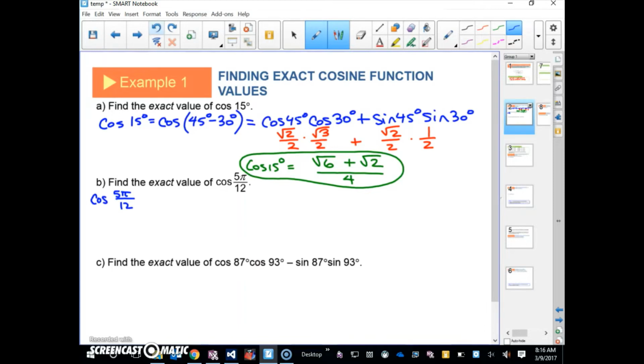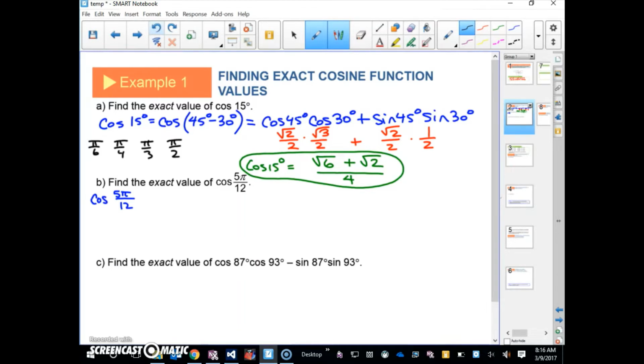You look at your angles in the chart: pi over 6, pi over 4, pi over 3, and pi over 2. It's very difficult to see how to make 5 pi over 12 out of that.